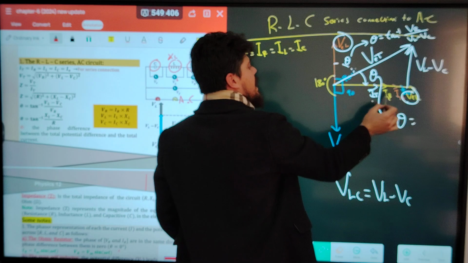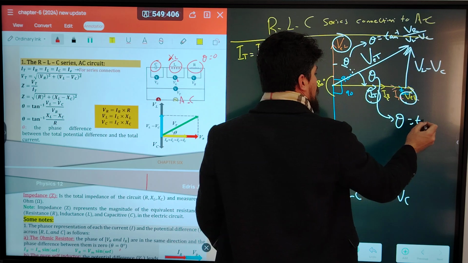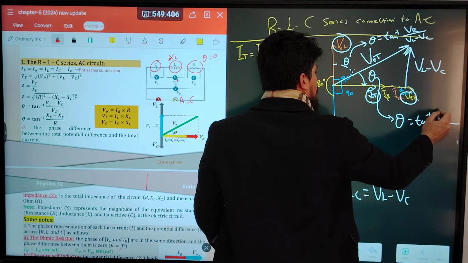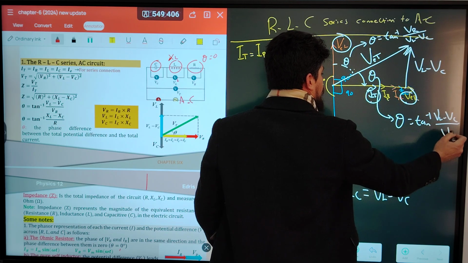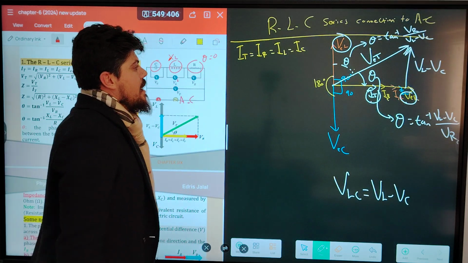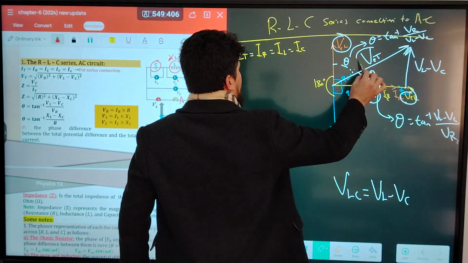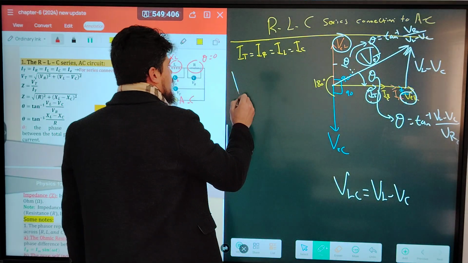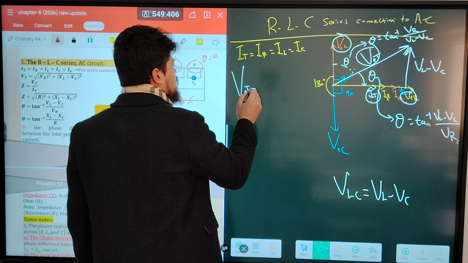How about this angle? Angle between VE total and I total or VR is equal to what? Tan inverse VL minus VC over VR. By using Pythagorean theorem, you can calculate VE total. VE total is equal to what?